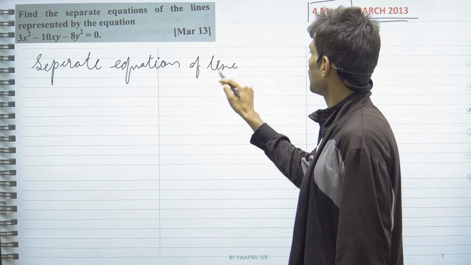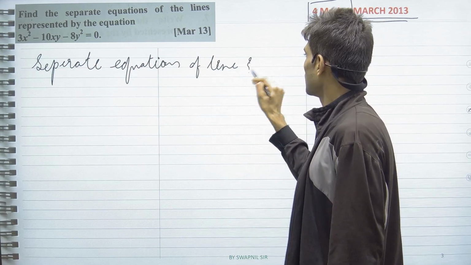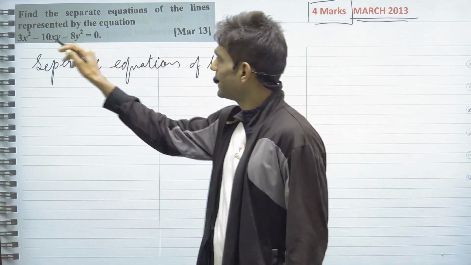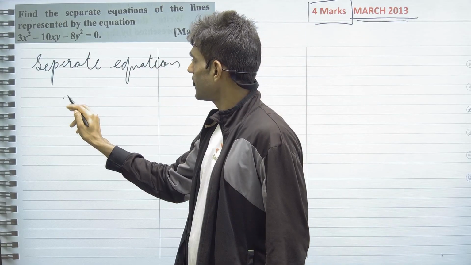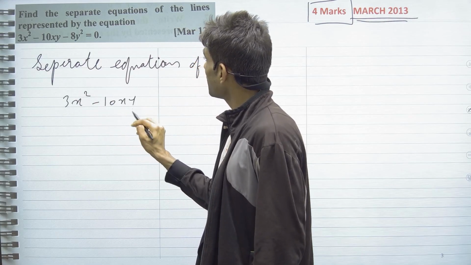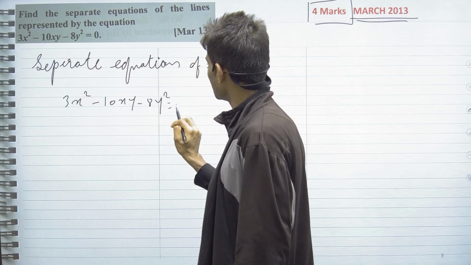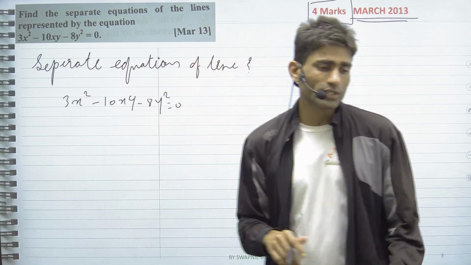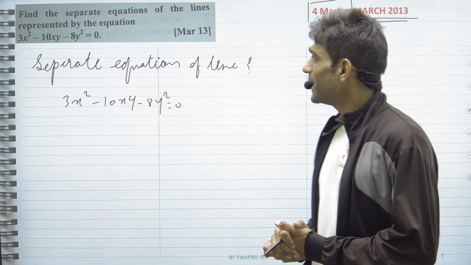Separate equation of a line represented by the equation given here. What is the equation? 3 times x square minus 10 times xy minus 8 into y square equals 0. So this one is our combined equation given.